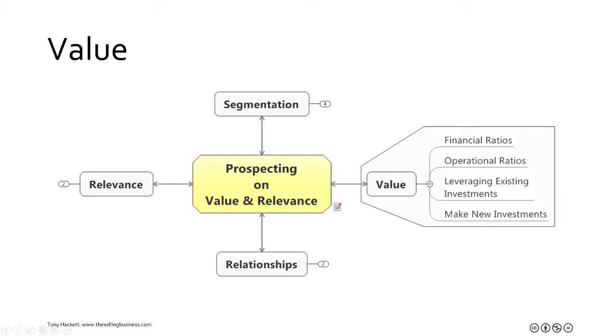This is an uncommon approach among sellers due to the potentially broad range encompassed by business value, but my model captures all prospecting activities under my ability to impact financial ratios, operational ratios, leveraging existing investments, and making new investments.